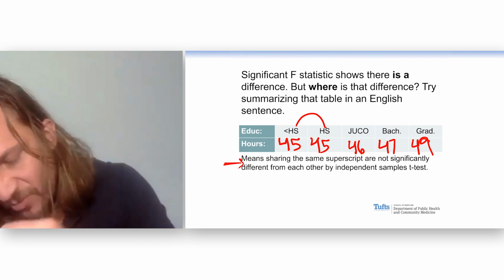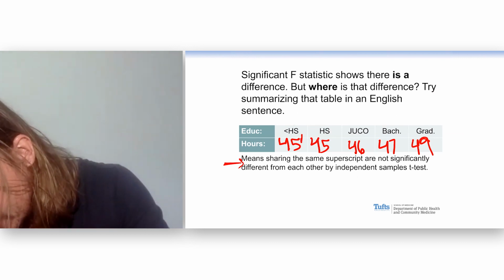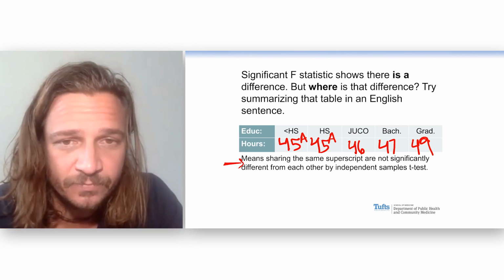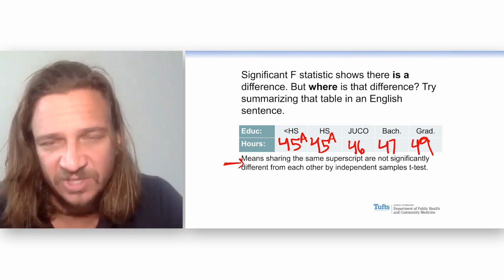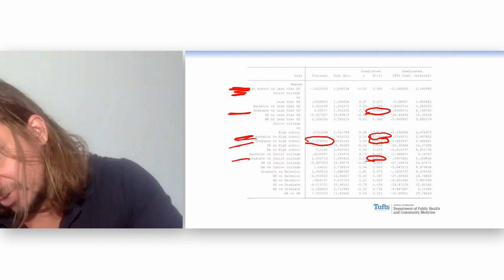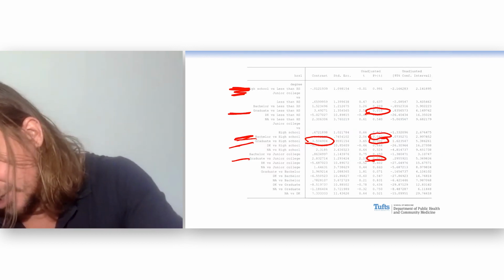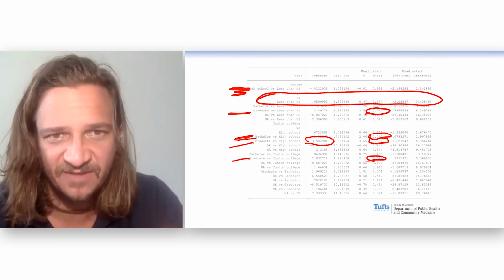So when we make this table, we add a symbol. Let's use this symbol. That's the letter A, right? That's the letter A. What about junior college and less than high school? Well, junior college and less than high school, that's here. Junior college versus less than high school. It's also not statistically significant.